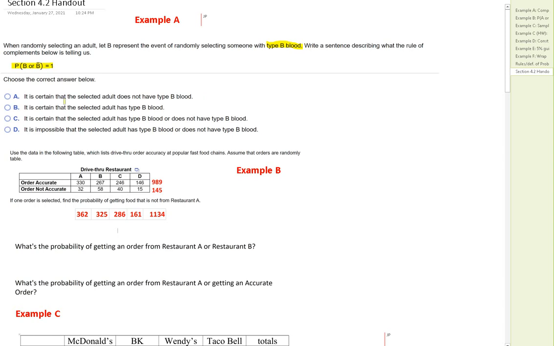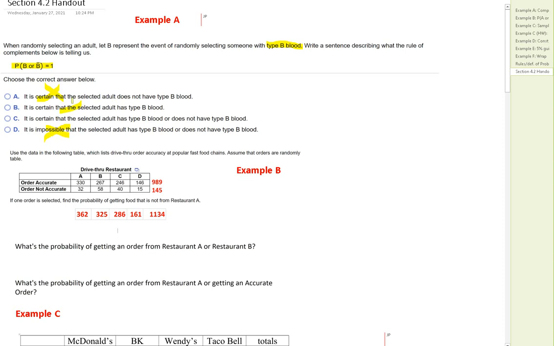Now that probability is 1, so that deletes this one. It can't be impossible because that would have a probability of 0 associated with it. The first choice says the randomly selected adult does not have type B blood. Well, that person could, so that one can't be right. The second one says the randomly selected adult has type B blood.